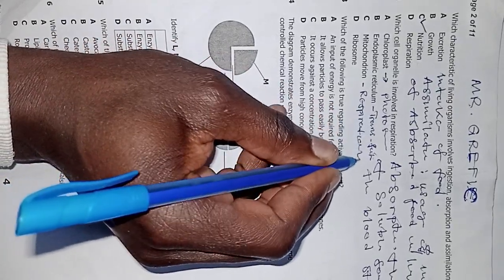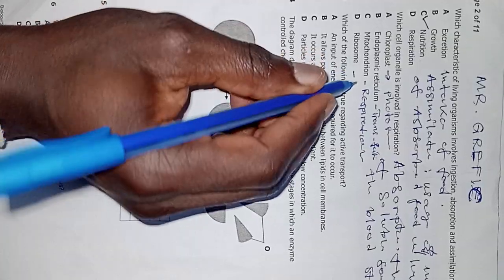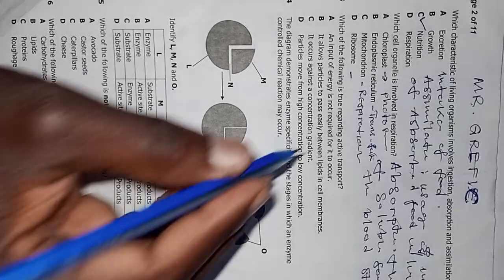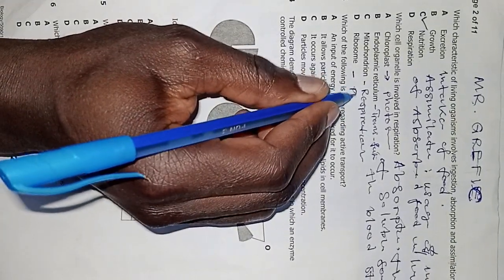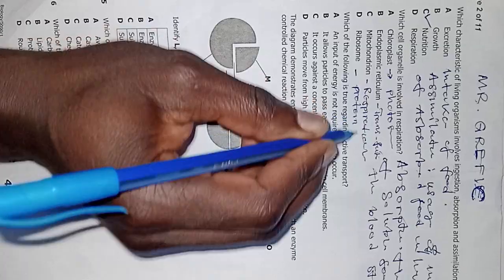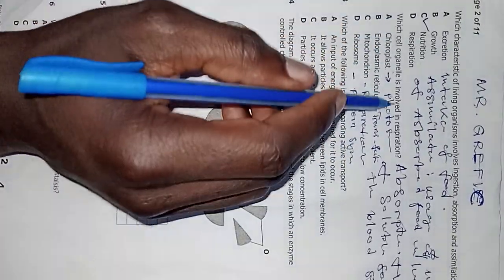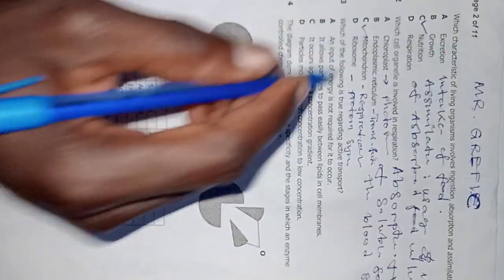Then we also have the ribosomes. These are round structures where synthesis of proteins takes place, or protein synthesis. So they are asking which cell organelle is involved in respiration. The best answer there was the mitochondrion.